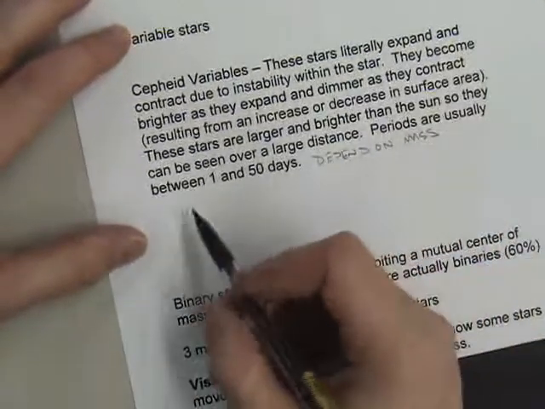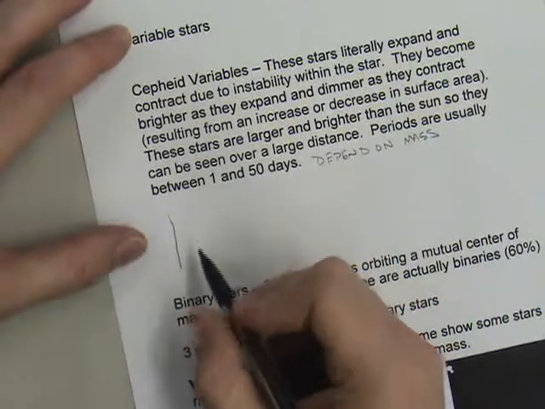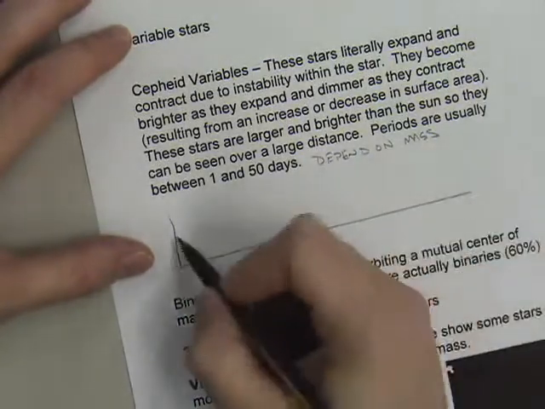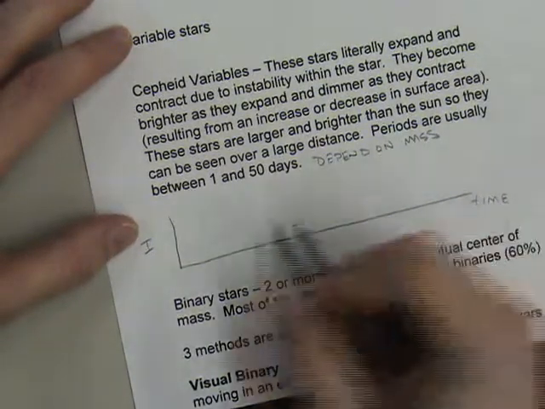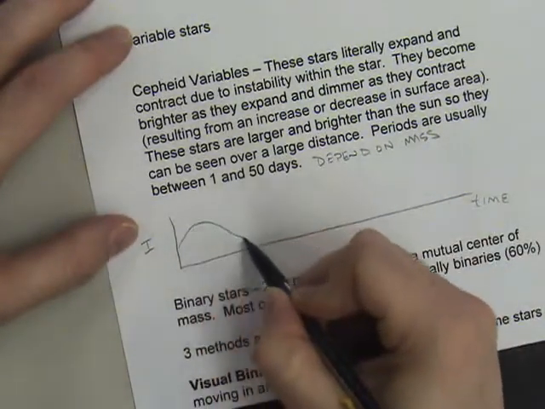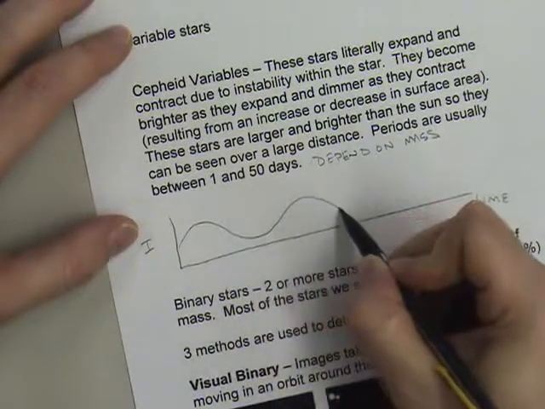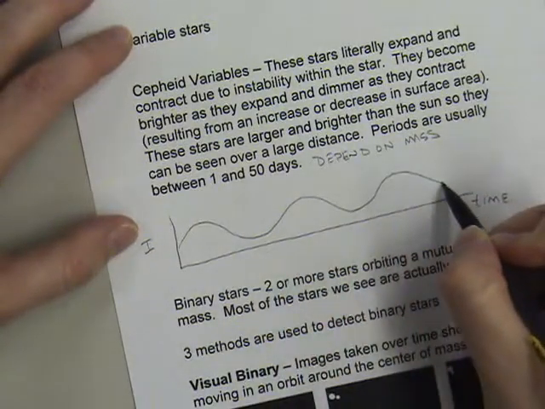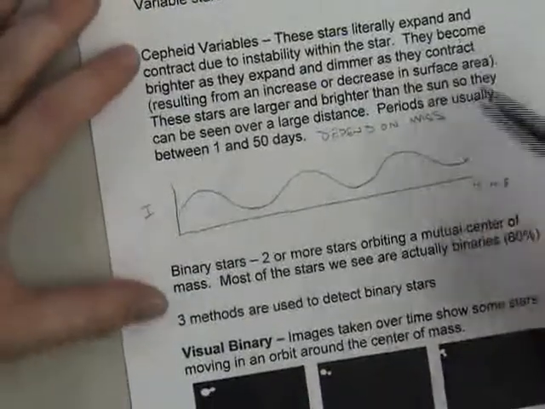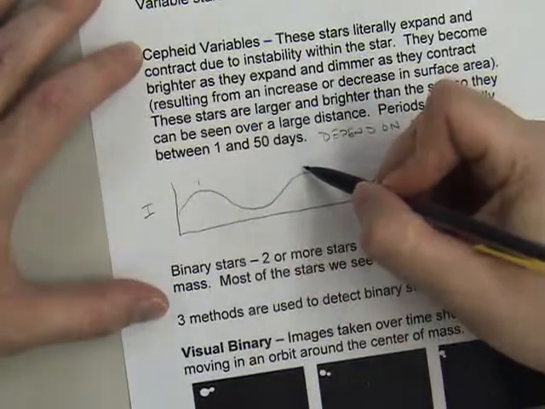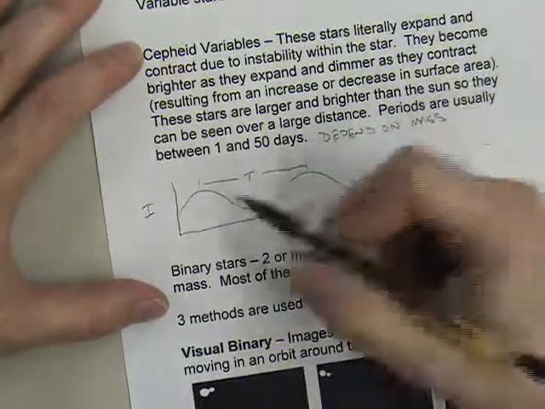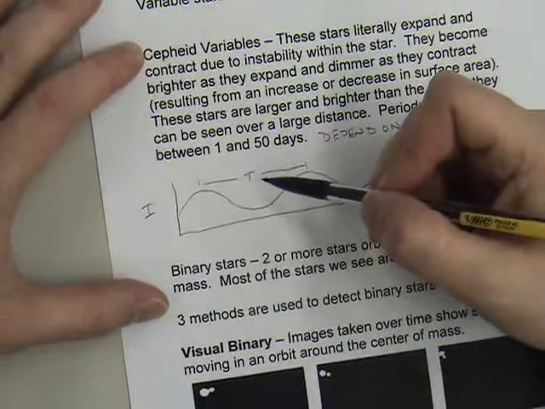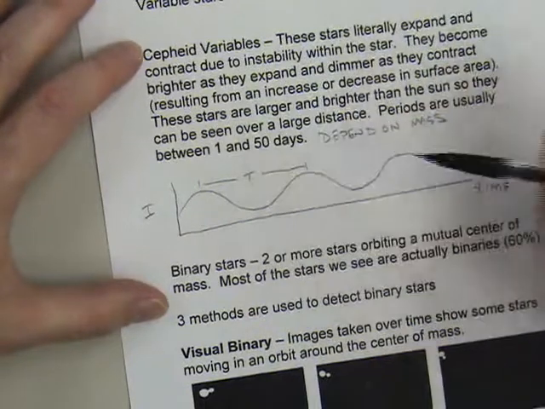So, for example, if we were looking at a graph of the intensity versus time, what you would see is that they go up and down and up and down. And the period of time, this would be big T, the time it takes for them to pulsate one time, is dependent on their mass.